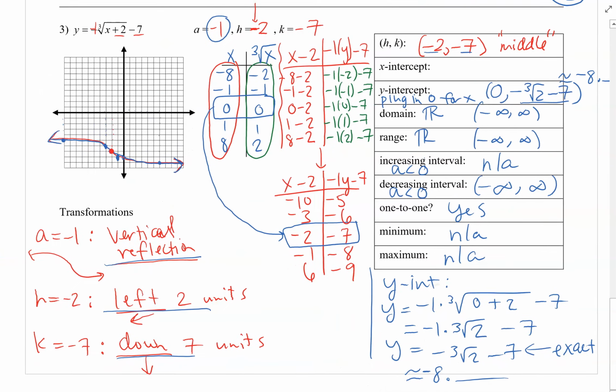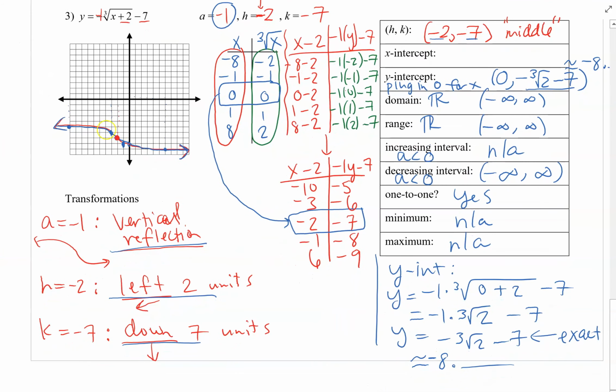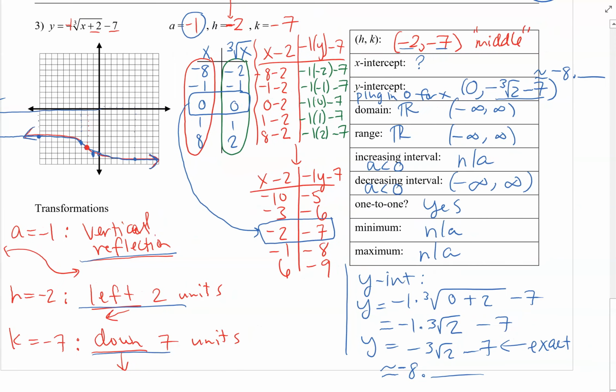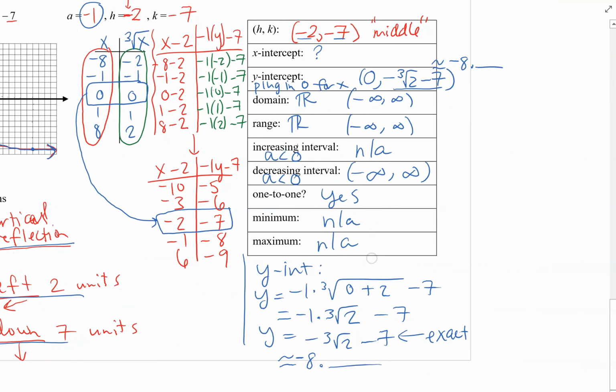Now for the x-intercept on this one, this graph's going slowly like this. It's going to be somewhere way down the negative side of the x-axis. So again, we really can't tell from the graph, and we have to be able to solve this equation. But let me show you what the equation would be. Again, for x-intercepts, we plug in 0 for y, and then we solve for x.